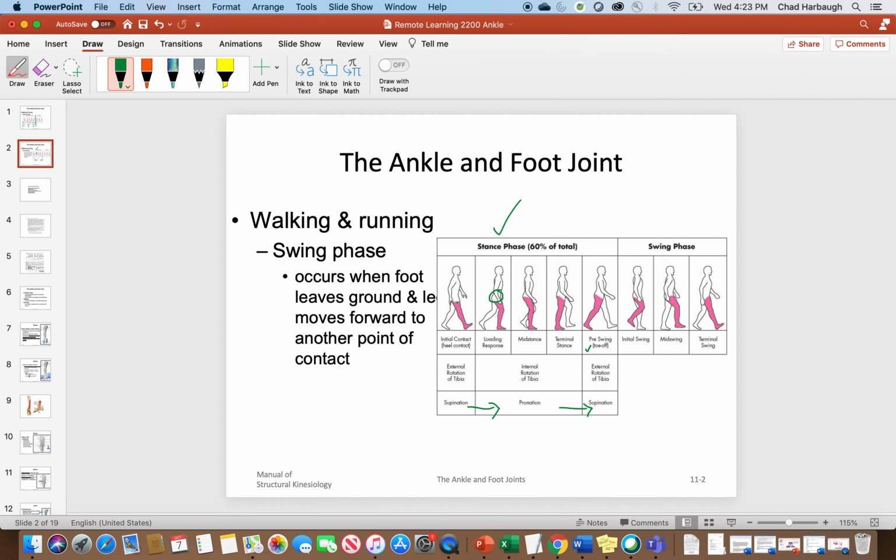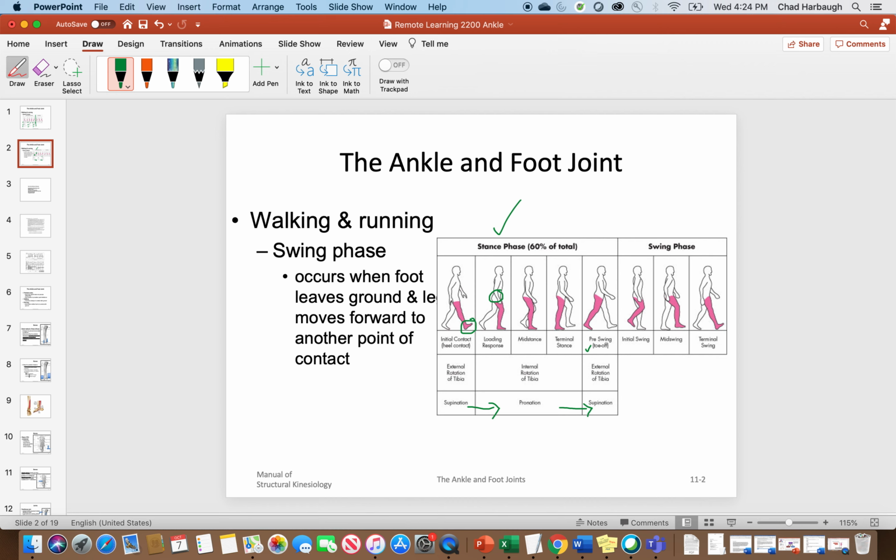We see individuals who, when walking, will perform a hip hiking or hip hitching. So they'll lift the opposite hip. So in this example, their right hip is loaded, and then they'll lift and swing the foot around on the left side. We also see a common problem with ankle equinus, which means basically ankle stiffness.